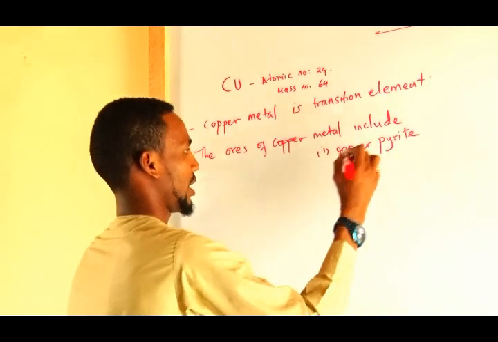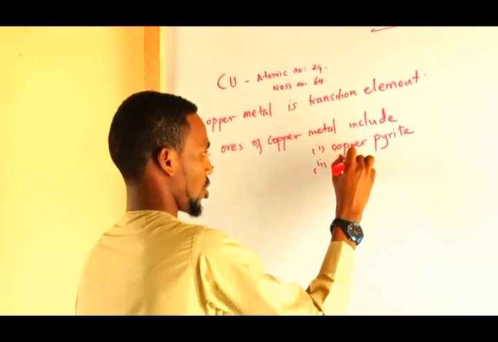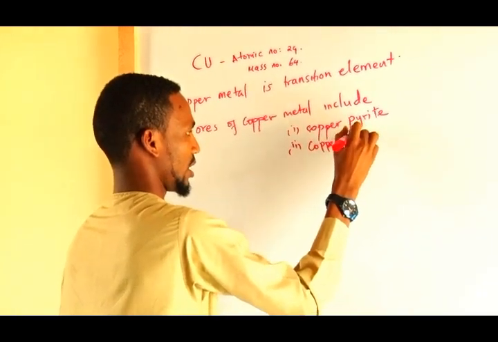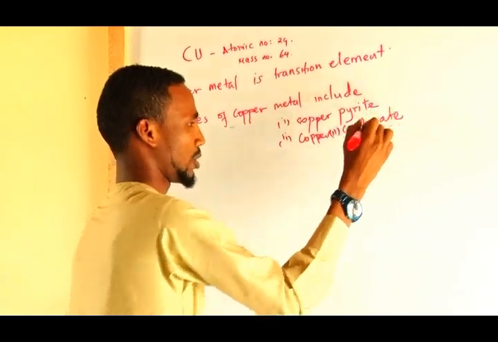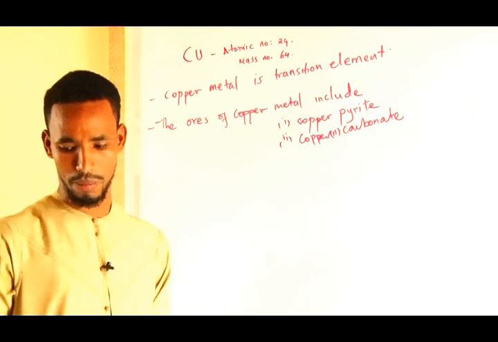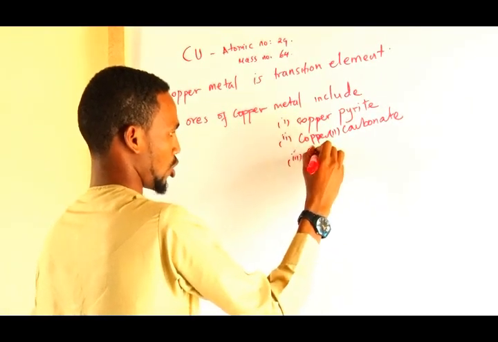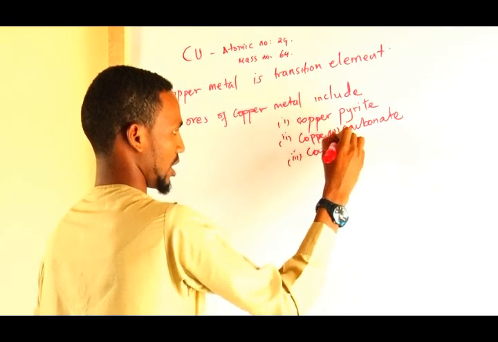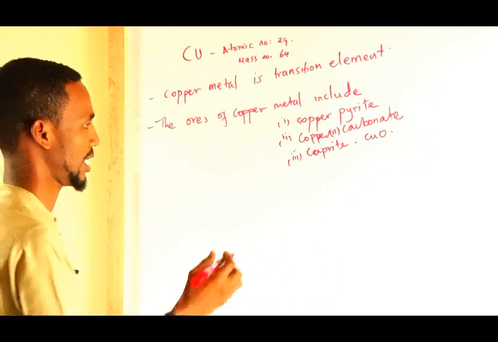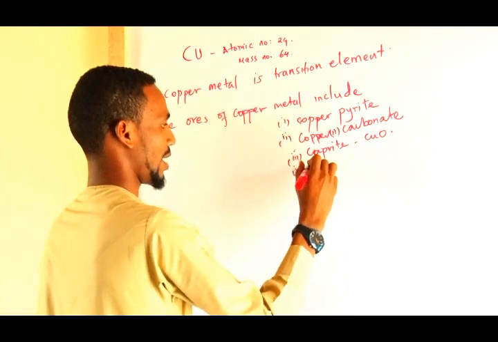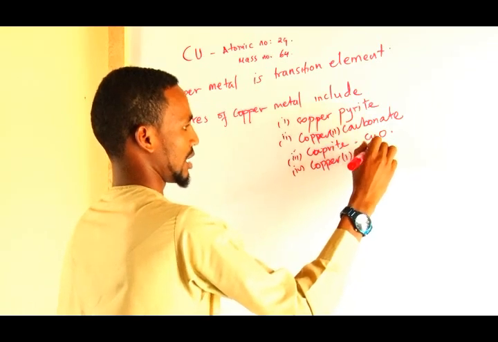The second one is copper 2 carbonate. Then we have the third one, cuprite, which is copper 2 oxide. And lastly, we have another ore called copper 1 sulfide.